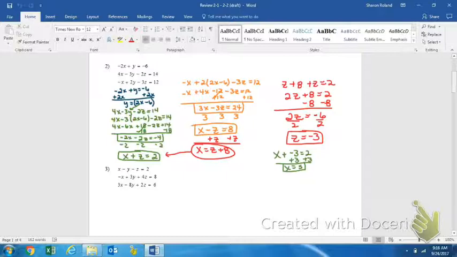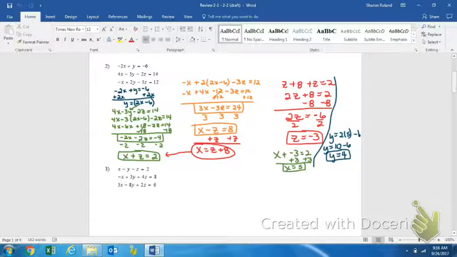Okay, so we have x and z. We need y, and so I'm going to plug that back into the very first equation that I came up with, and that's in blue, so I'm going to plug it back into there. And that is y equals 2x, but that's 2 times 5, minus 6. Y equals 10 minus 6. Y equals 4.